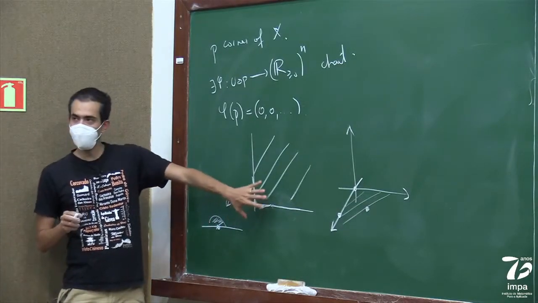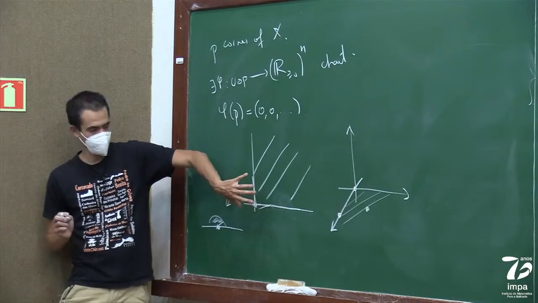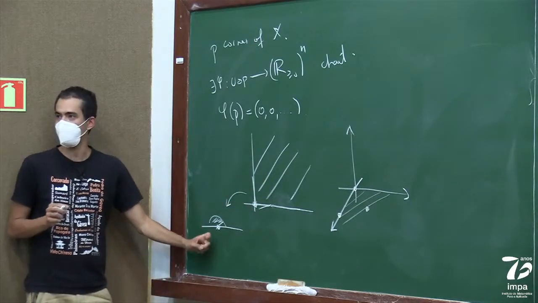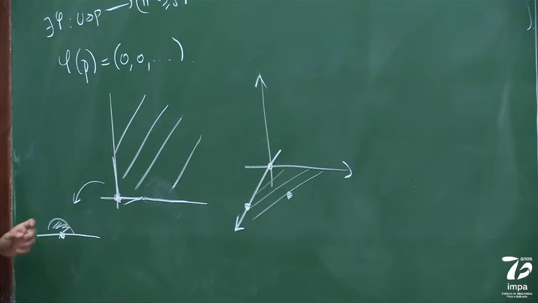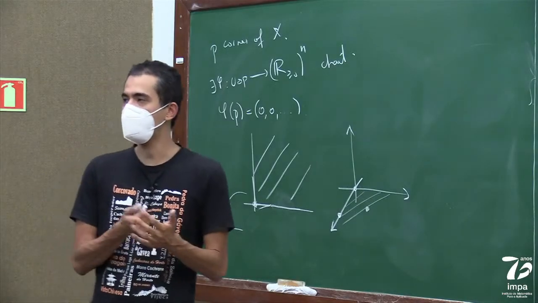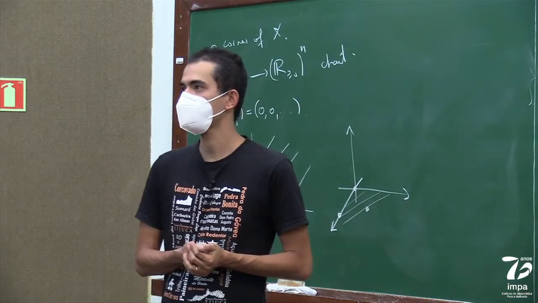When you take all the charts and compose them with this homeomorphism, this gives you a new atlas, which will make this point a smooth point on the boundary. So you change the atlas, basically, by brute force to make that point a smooth point on the boundary.